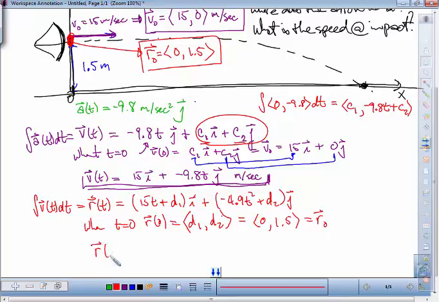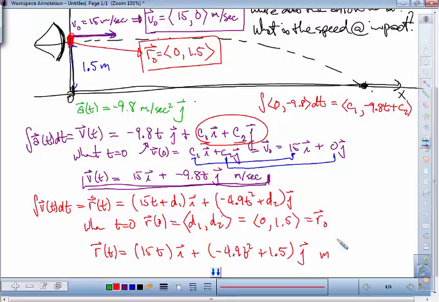So our position function should equal 15t plus 0, and then we have negative 4.9t squared plus 1.5, in meters, because we took the antiderivative with respect to time.